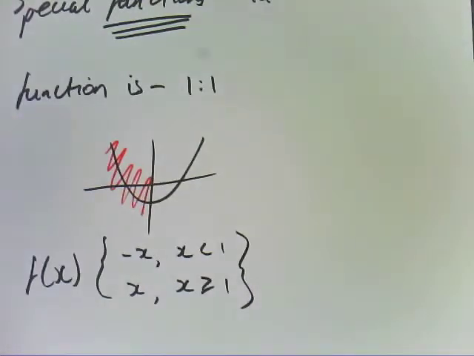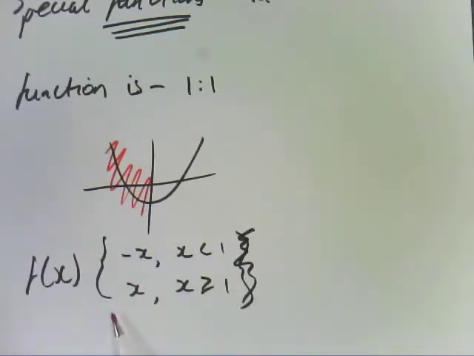They didn't actually put the closing bracket, but don't worry about the closing bracket. So that's a hybrid function. It says for values where x is less than 1, we use this rule here. For values where x is greater than or equal to 1, we use this rule here.